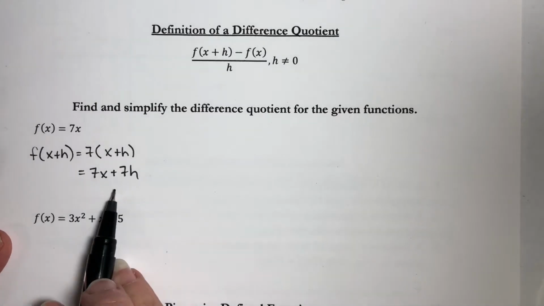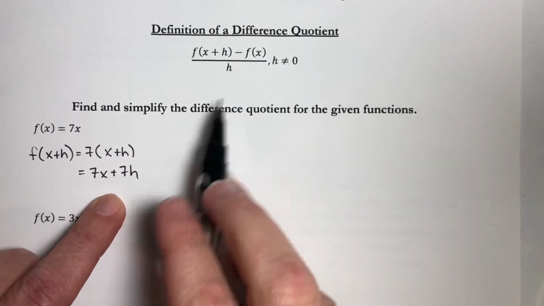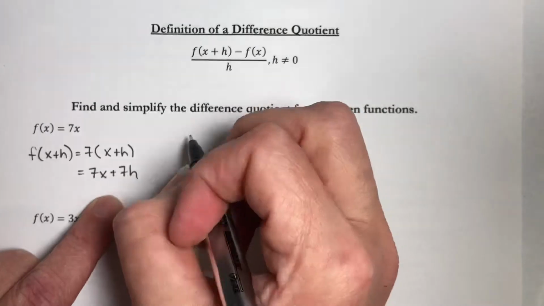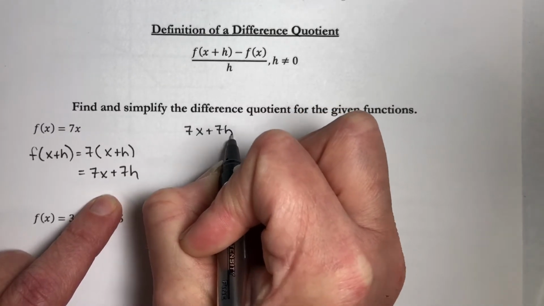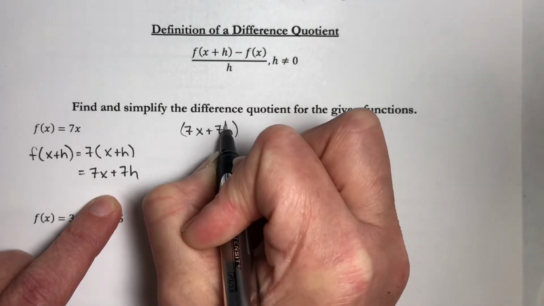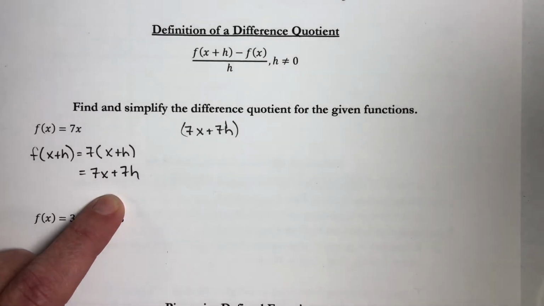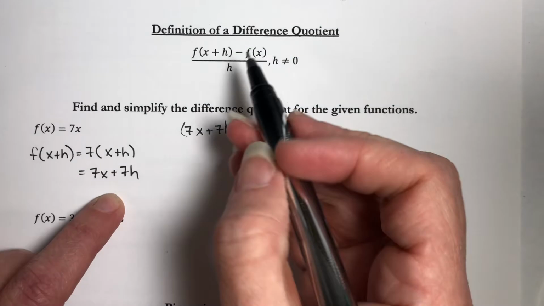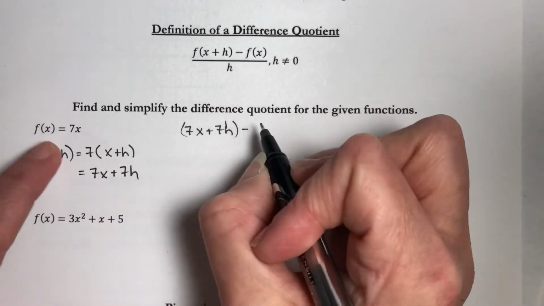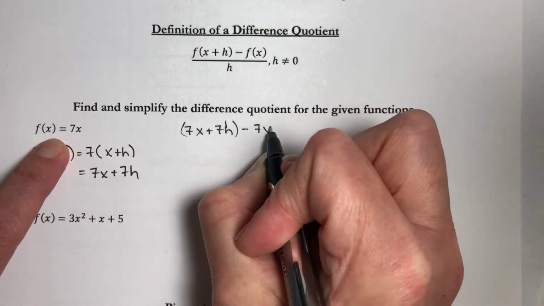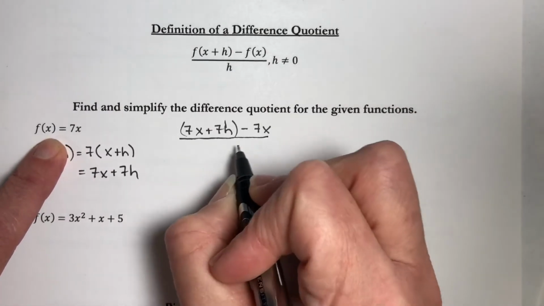Okay, so let's figure out what we have here. I'm going to take f of x plus h, which is 7x plus 7h. I'm going to put this in parentheses for right now, just so it's easier to figure out what's going on. So this is this piece, minus f of x, and f of x is 7x. And then divide this by h.